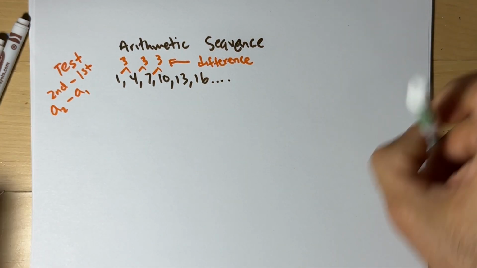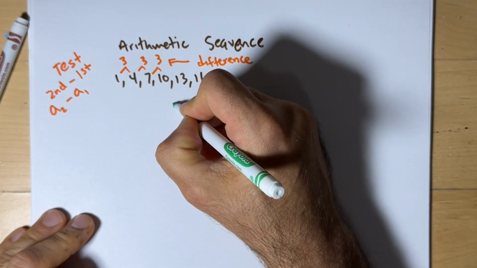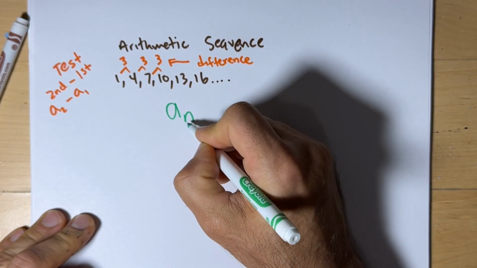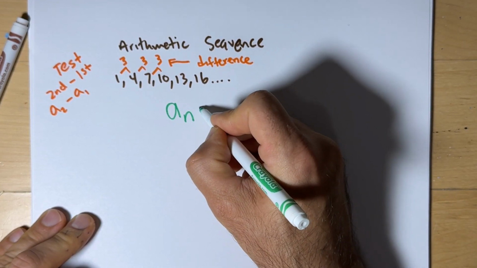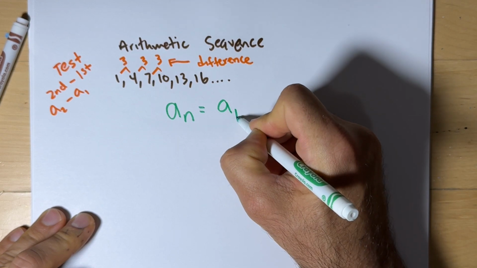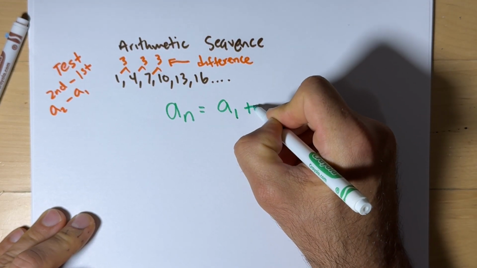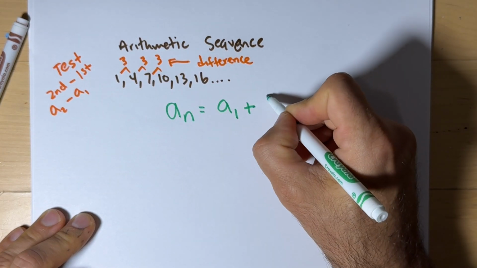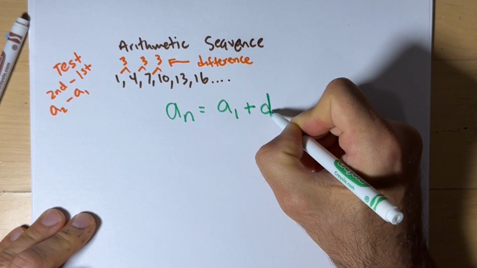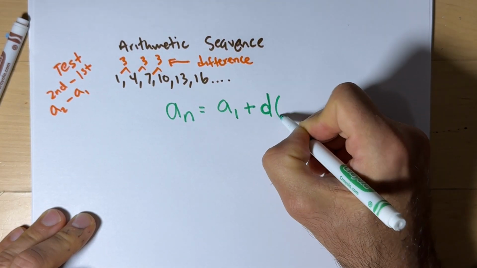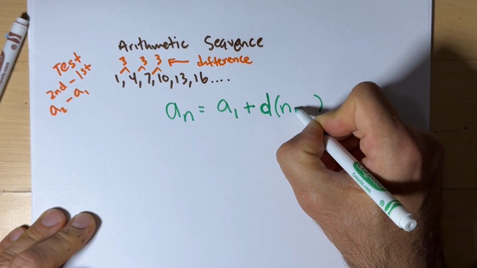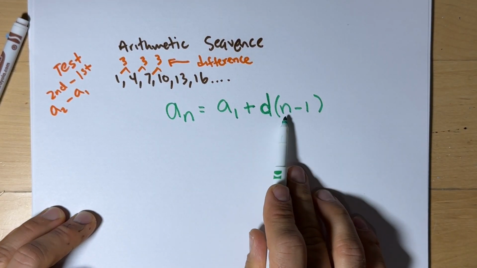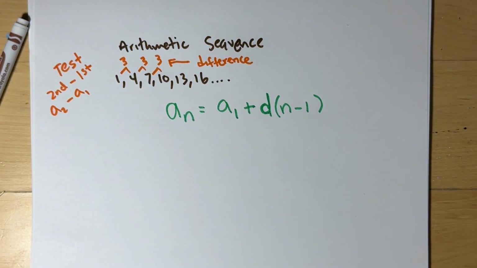So first, before we go on, let's talk about our formula. To find any one in a sequence, any number n, we take the first one plus the common difference we just found, which was 3, so we use D to represent that common difference, and then n minus 1, the number we want minus 1.